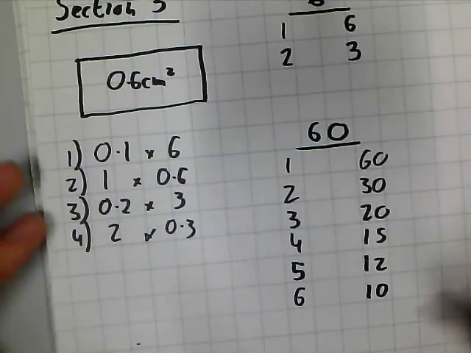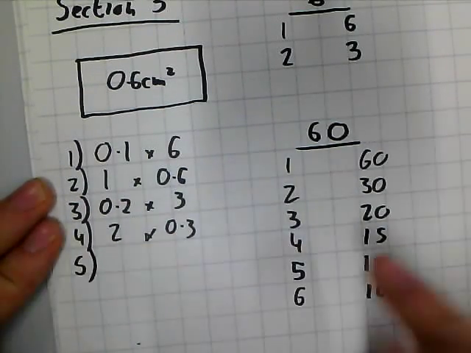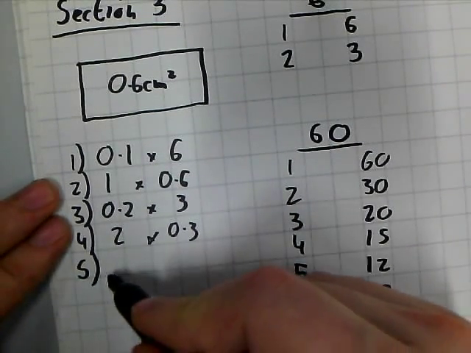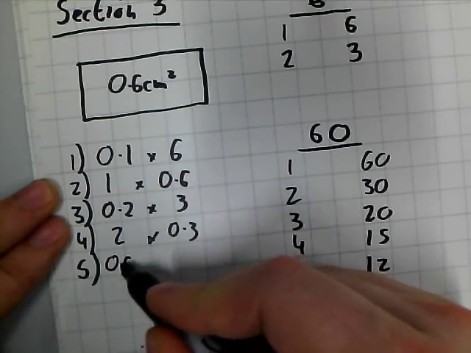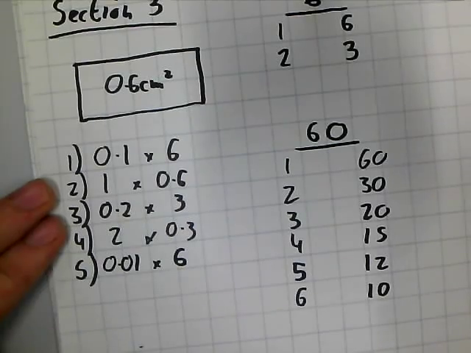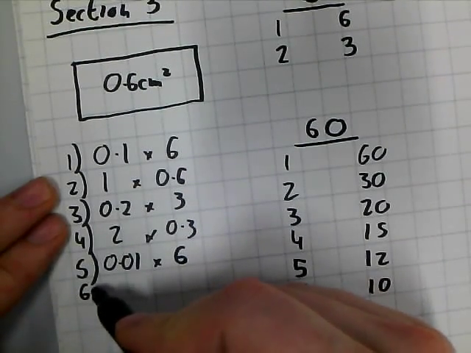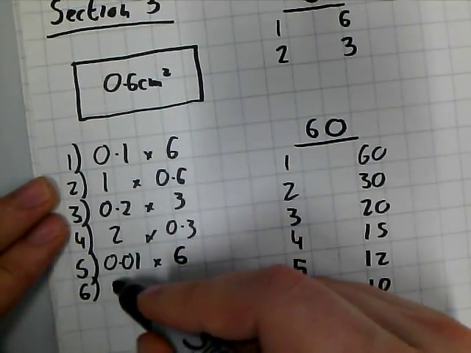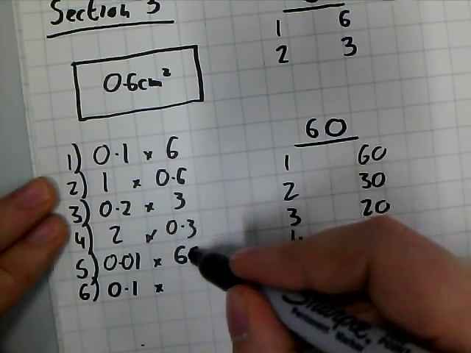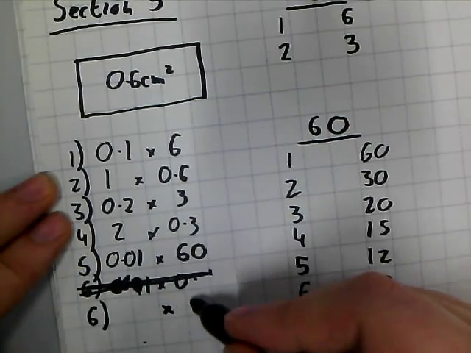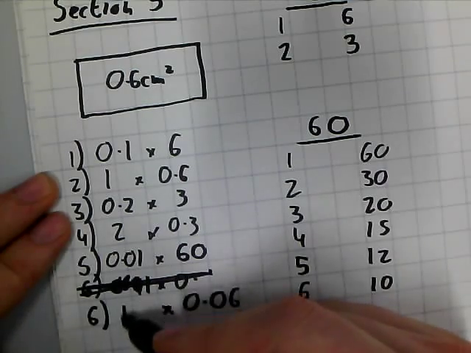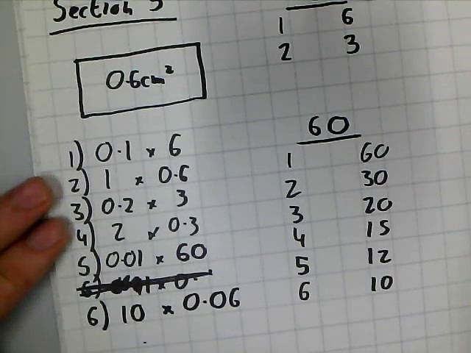So let's start off with the first factor pair, 1 and 60. So this could be 0.01 times 60, or it could be 0.1 times 6, beg your pardon. Or this could be 0.06 times by 10.